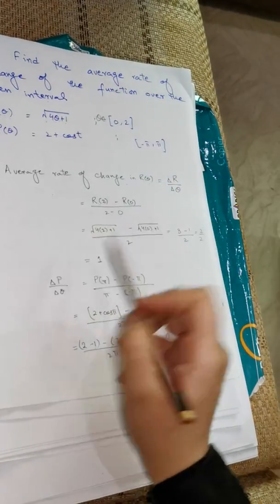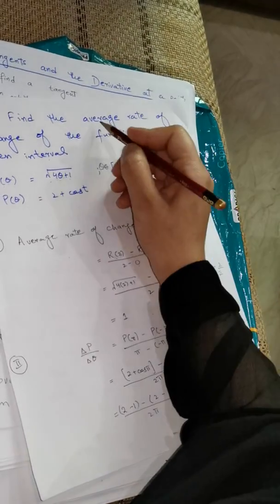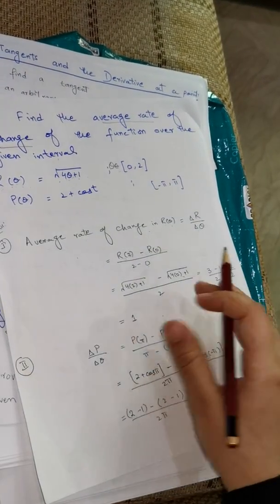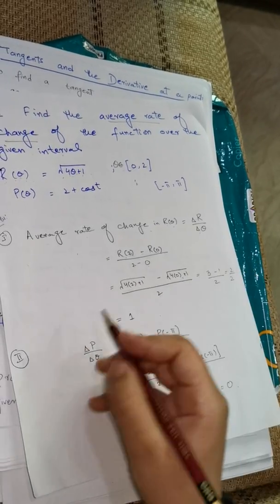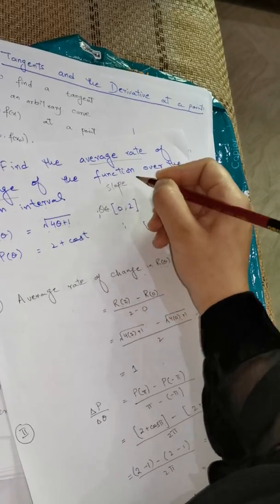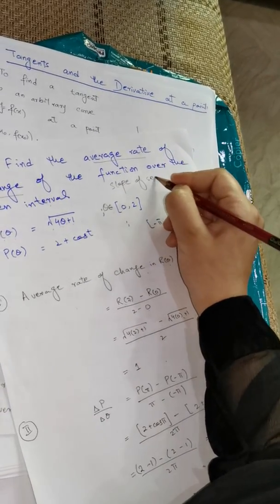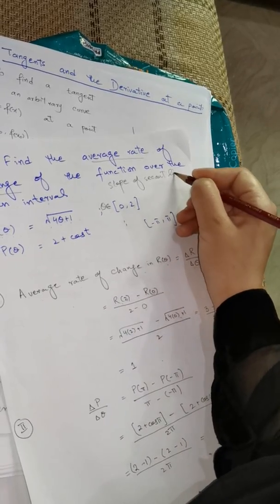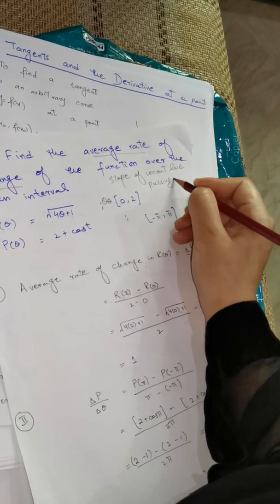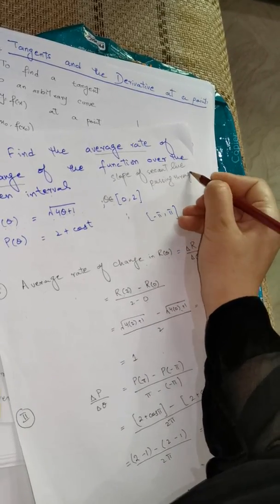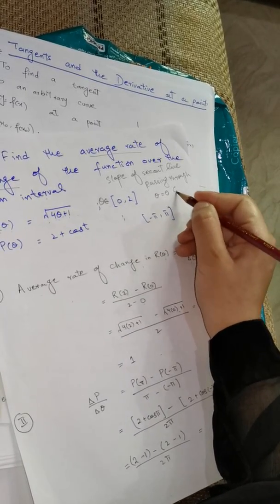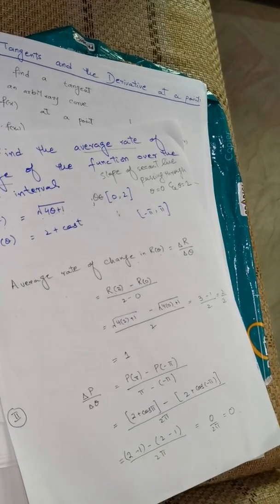Or the same question I can also ask you in the exam: find the slope of the secant line passing through theta equal to 0 and theta equal to 2.